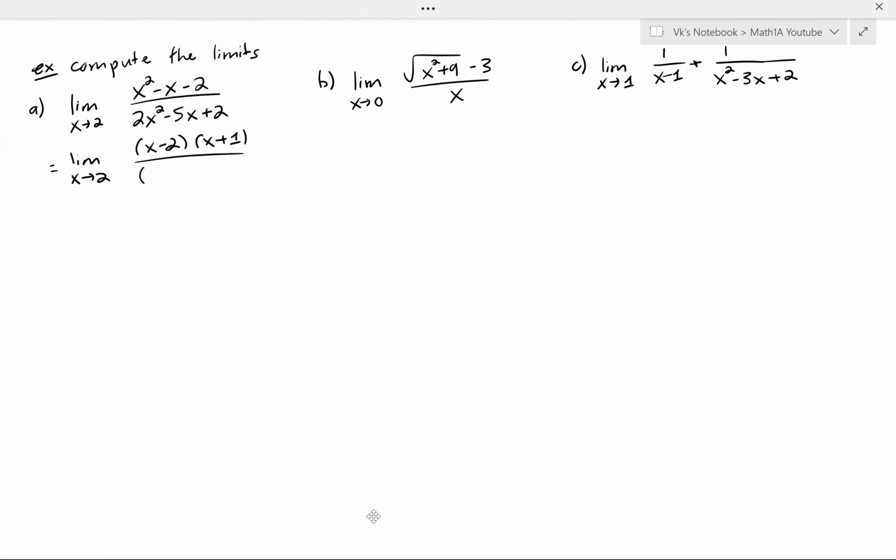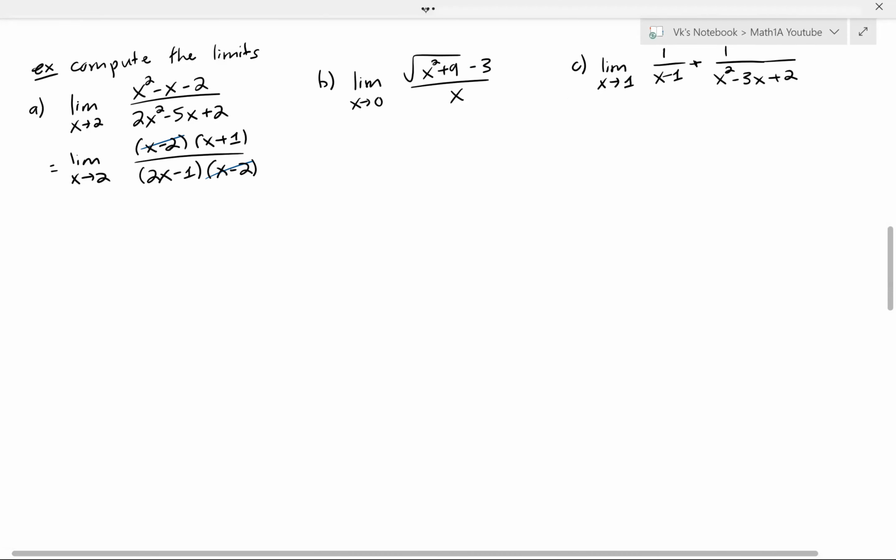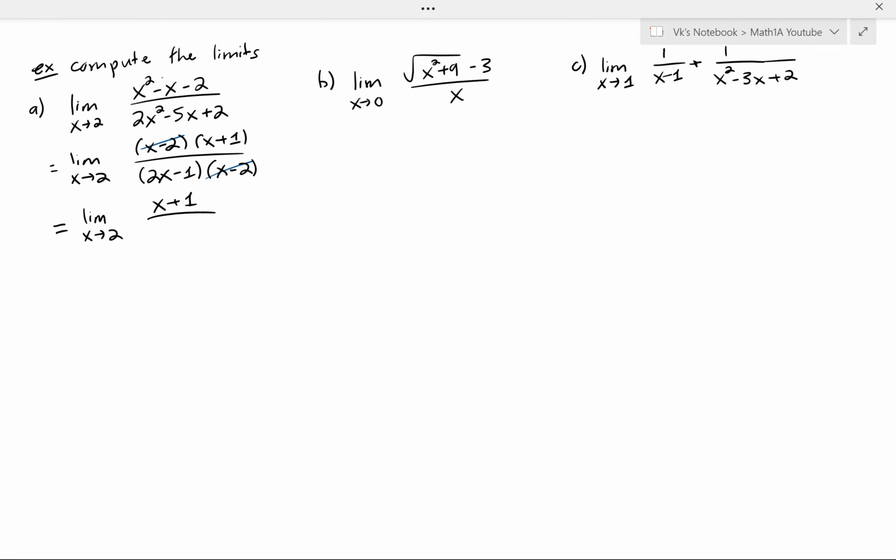On the bottom, we have 2x minus 1 times x minus 2. Yay, and then we see that, ta-da! The fact that x minus 2 cancel out. And so we have the limit as x approaches 2 of x plus 1 over 2x minus 1.